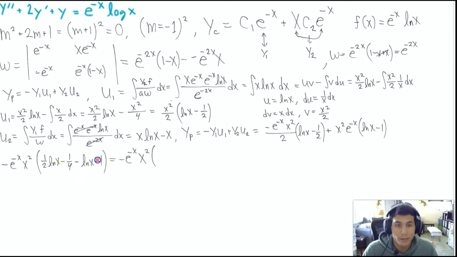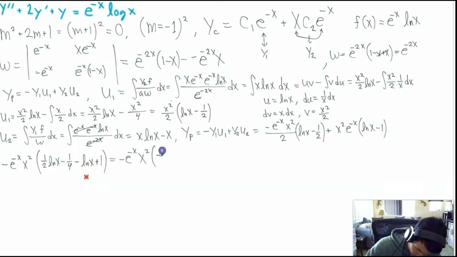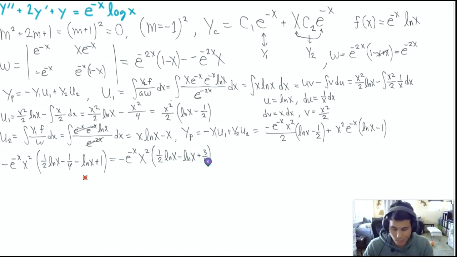By the way, that should be a positive. This should be a positive 1 now, right? Positive 1. So now we're going to get 3/4 in here. So it'd be 1/2 ln x minus ln x plus 3/4.